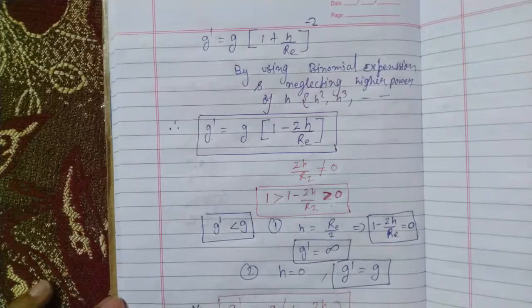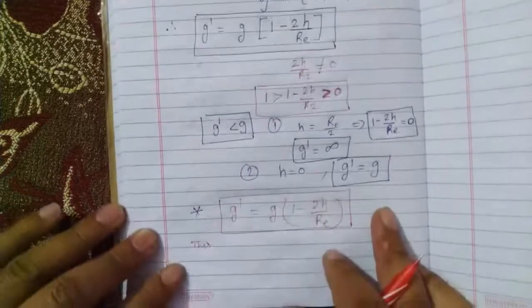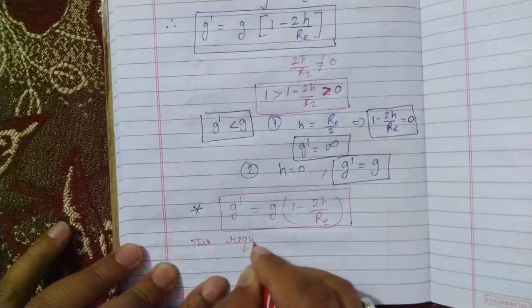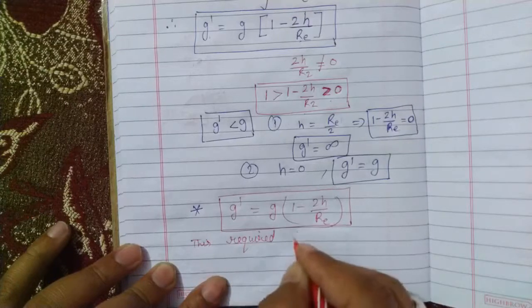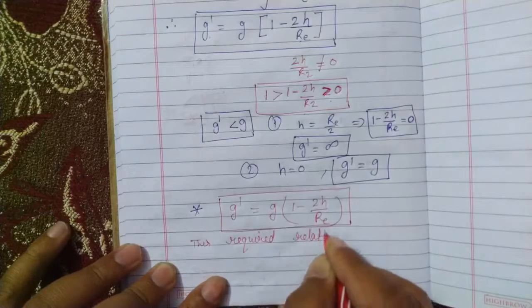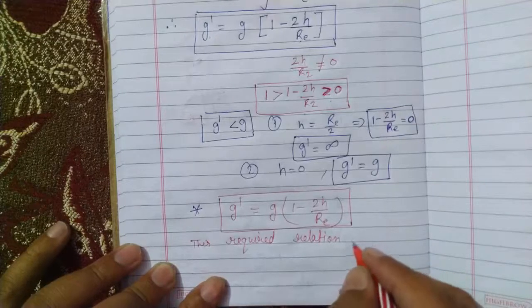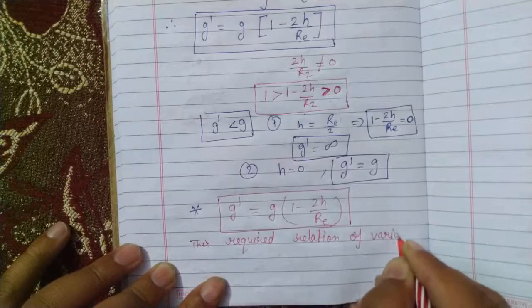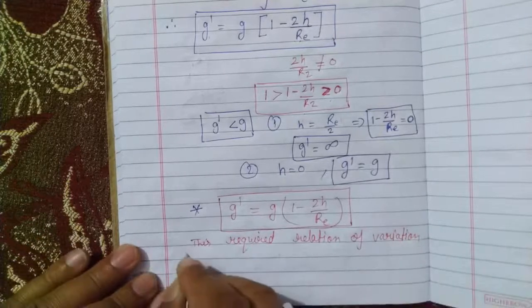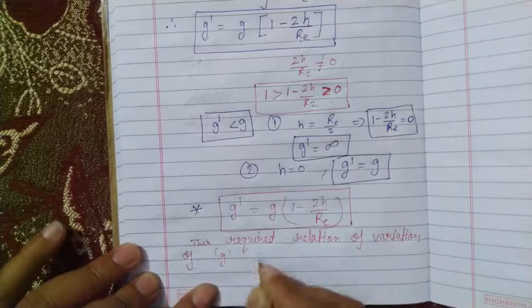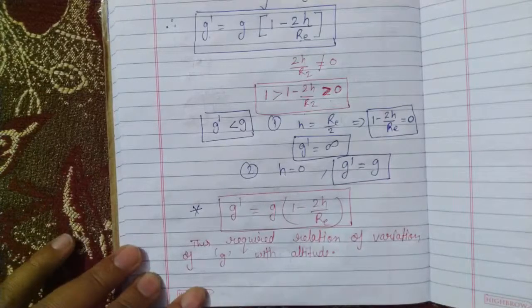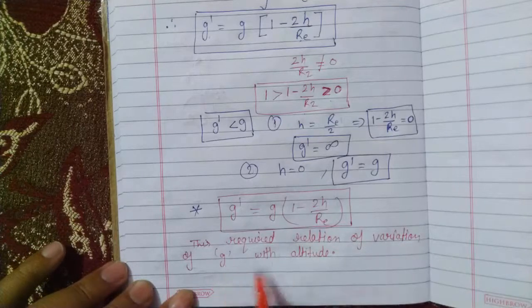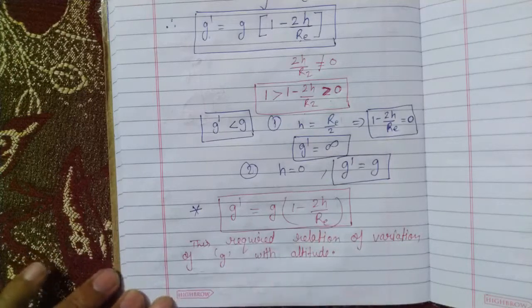So we say this is the required relation of variation of small g with altitude.